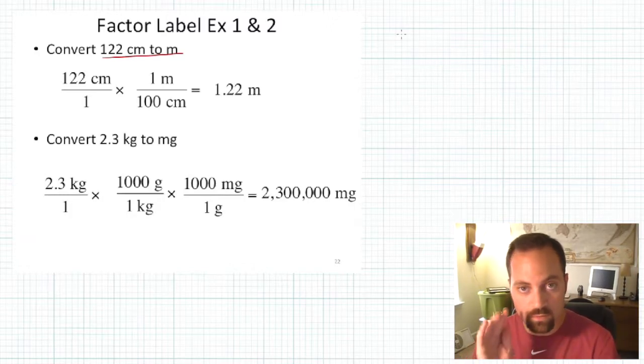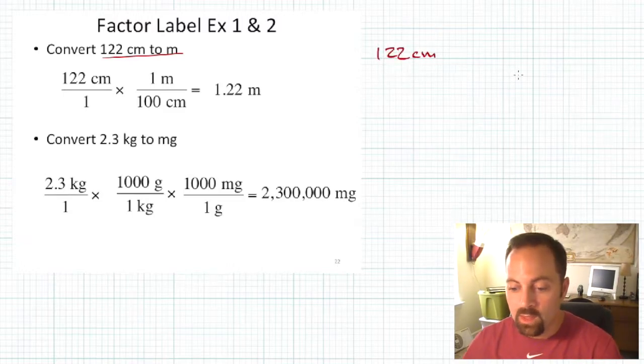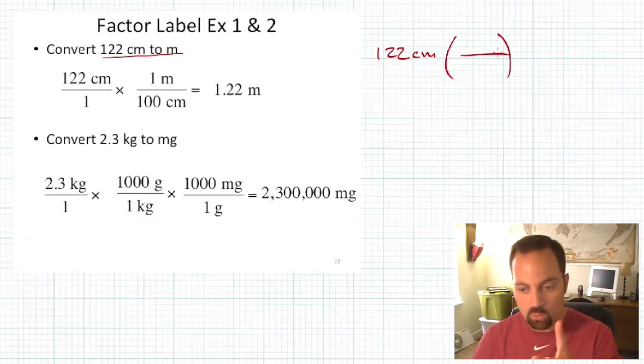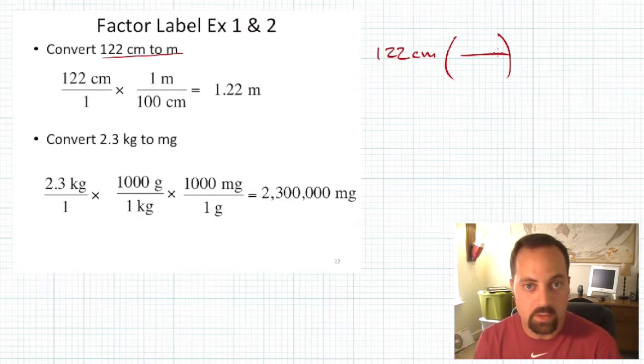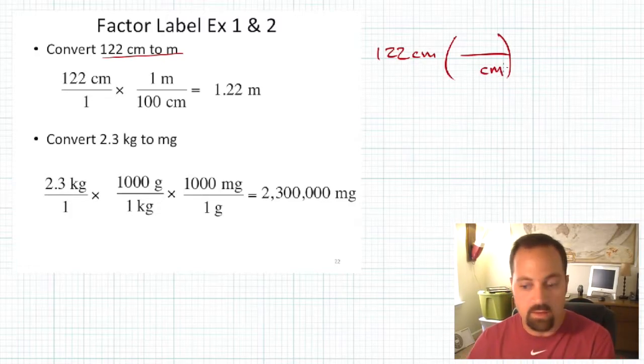So I'm first of all going to just write out my initial value, 122 centimeters. And I want to create a fraction that is equal to 1 and also converts centimeters to whatever other unit. So my centimeters starts in the numerator here. I'm going to put it in the denominator so that it will ultimately cancel out.